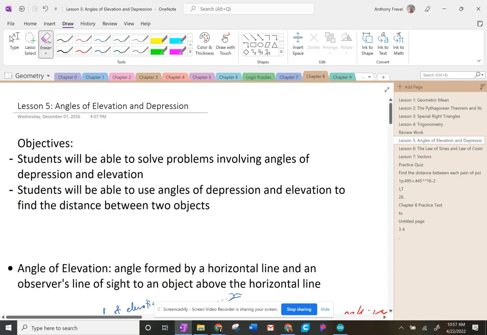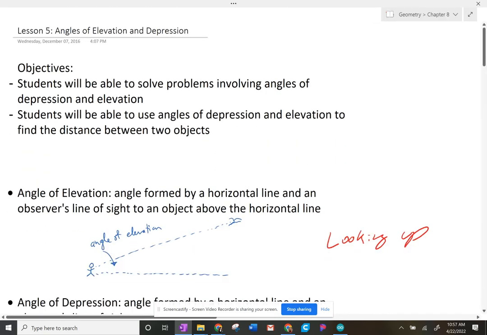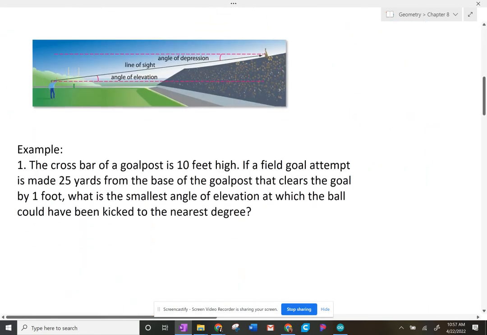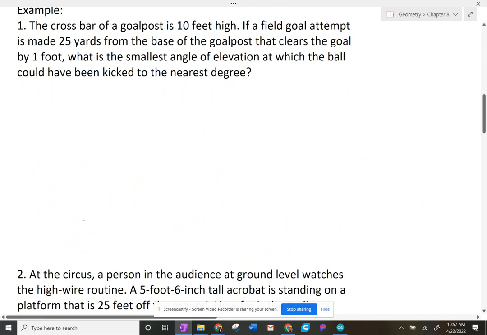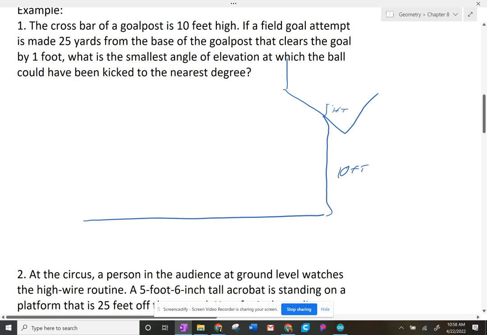That's an eraser, not a drawer. Okay, so I've got this fancy picture. I've got my football here. Here's my goalpost. It's saying that my goalpost is 10 feet high, and then it wanted us to clear the top of the goalpost by 1 foot.